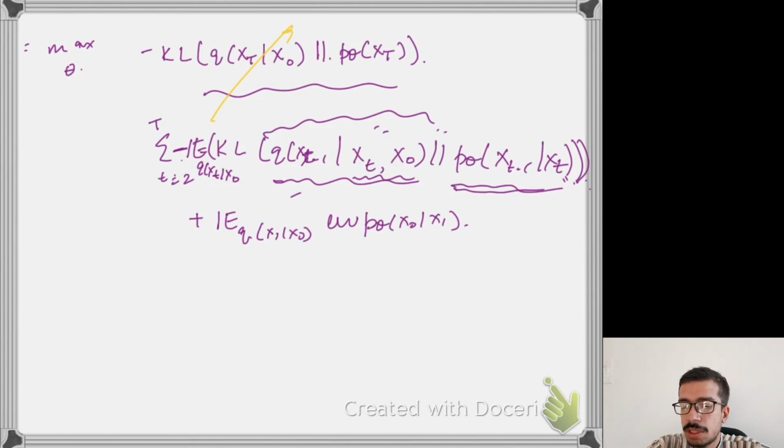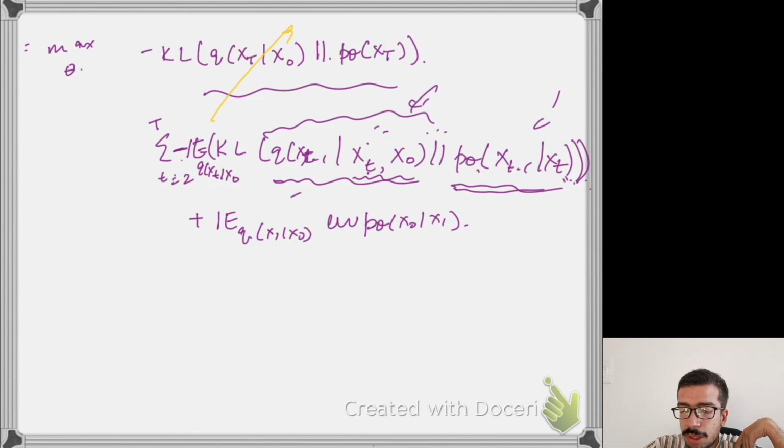Then maximizing the negative of KL, which is equivalent to minimizing the KL, corresponds to minimizing the squared norm of the difference between the actual mean as a function of xt x naught and the produced mean.